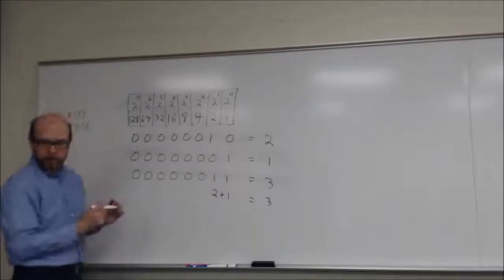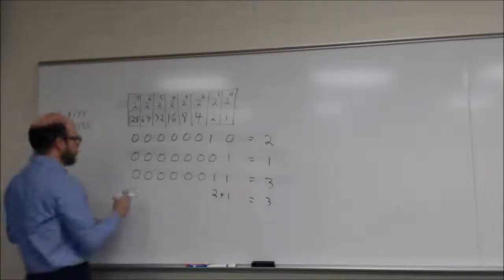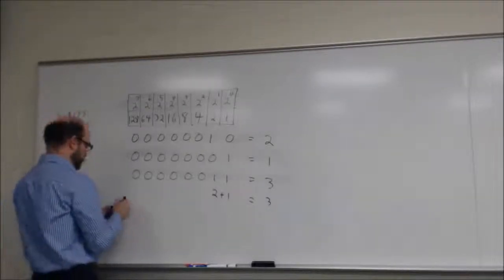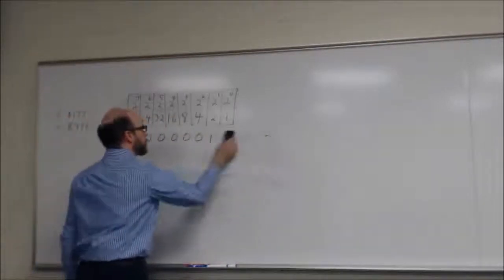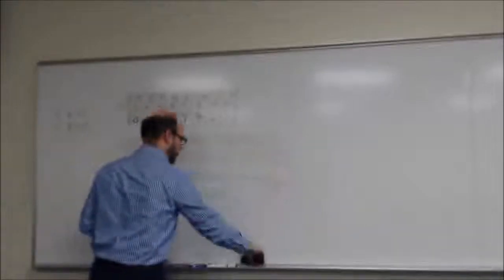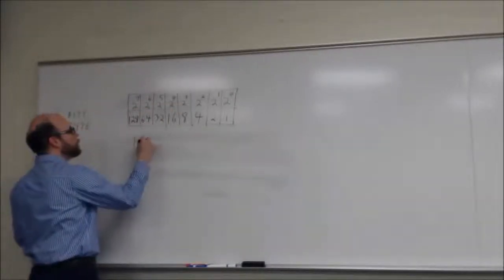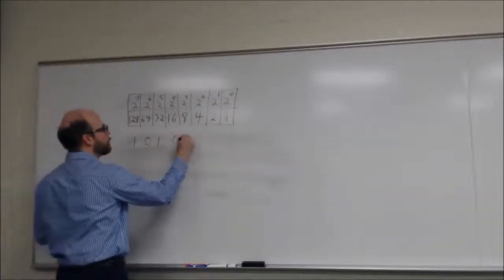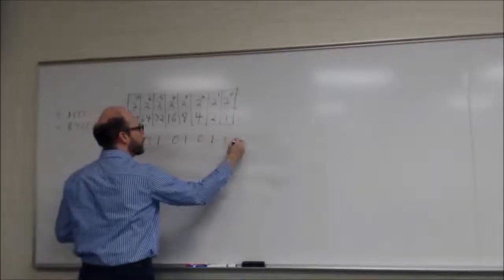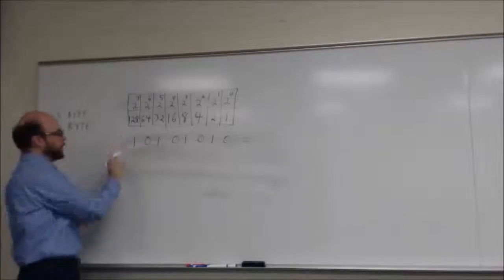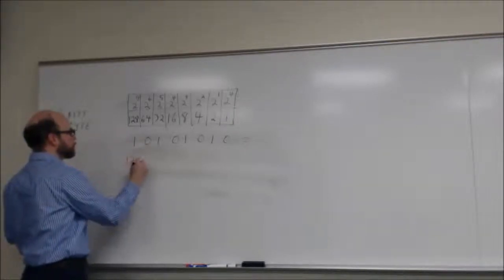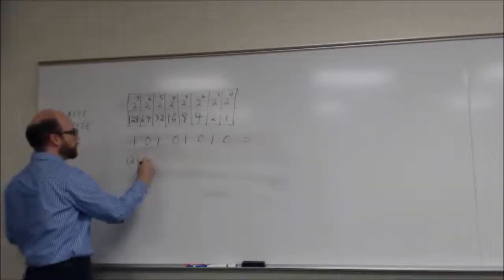Continuing on, if I want to make a much larger number, I could do this: 1, 0, 1, 0, 1, 0, 1, 0. Okay, so I've got a 1 in the 128 place. I've got a 0 here, so that's going to be 0.